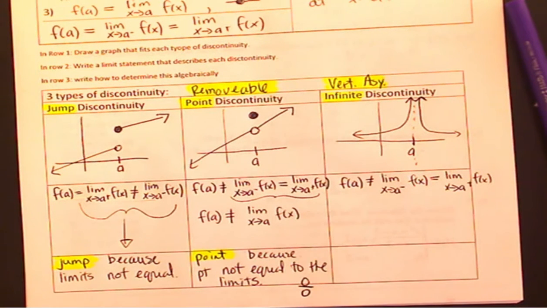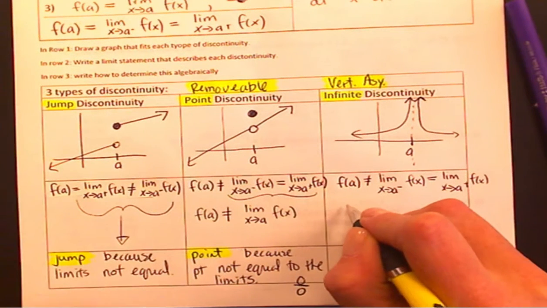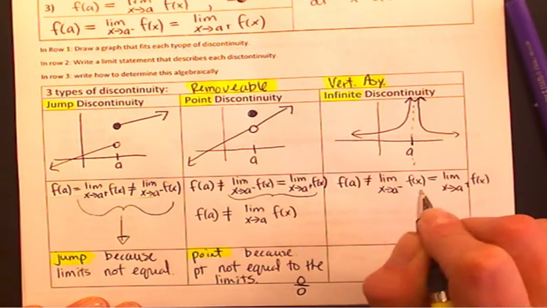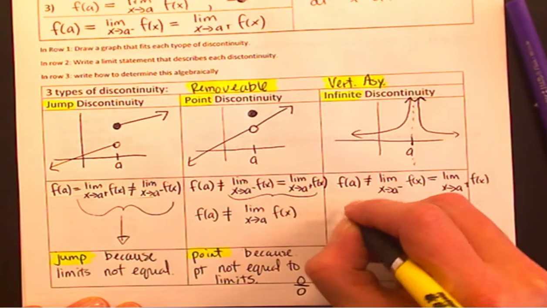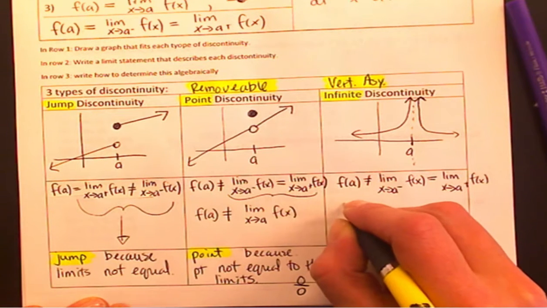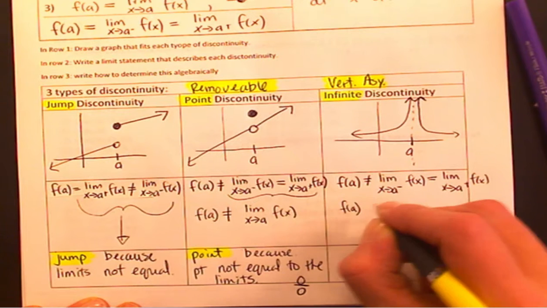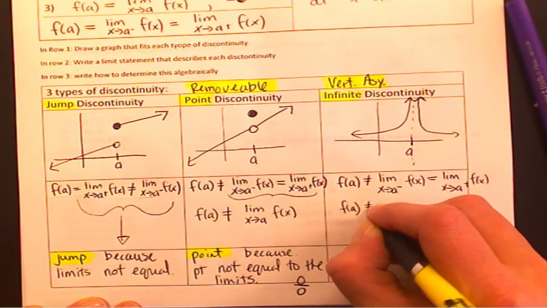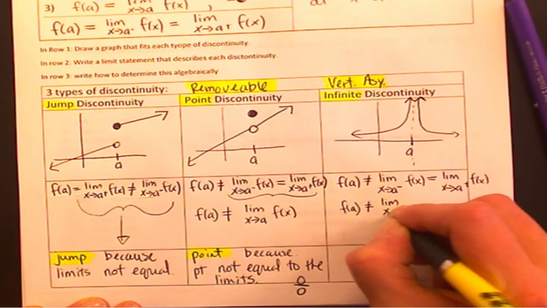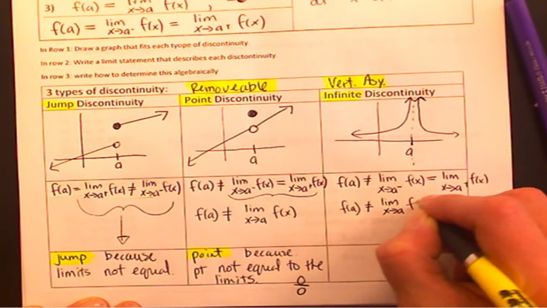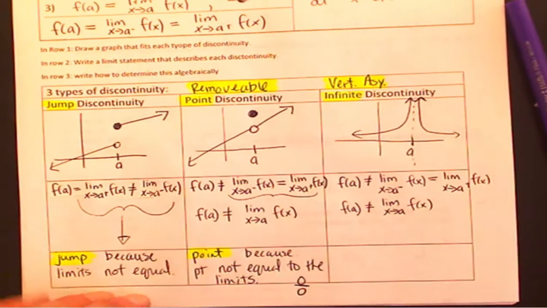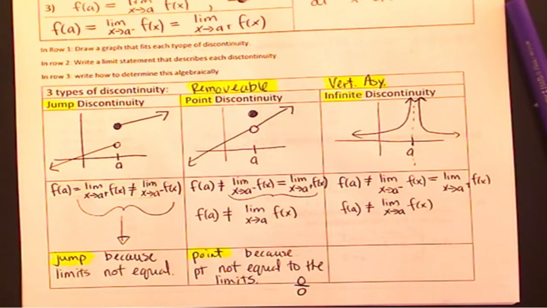Looks kind of similar to the point discontinuity. That's why I picked that picture. Okay. So now this depends. I could write this. This statement actually describes that picture because both of those arrows are pointing up, which means it's positive infinity.